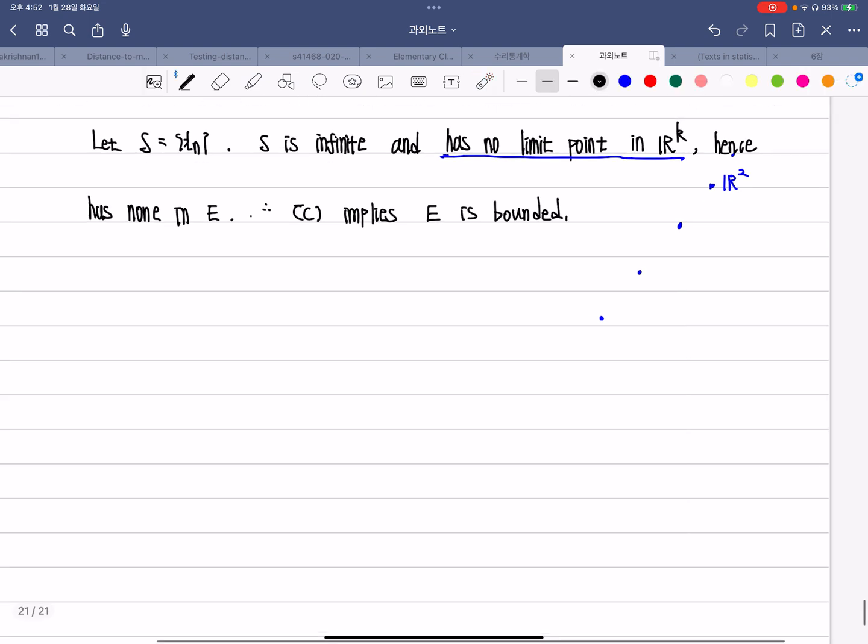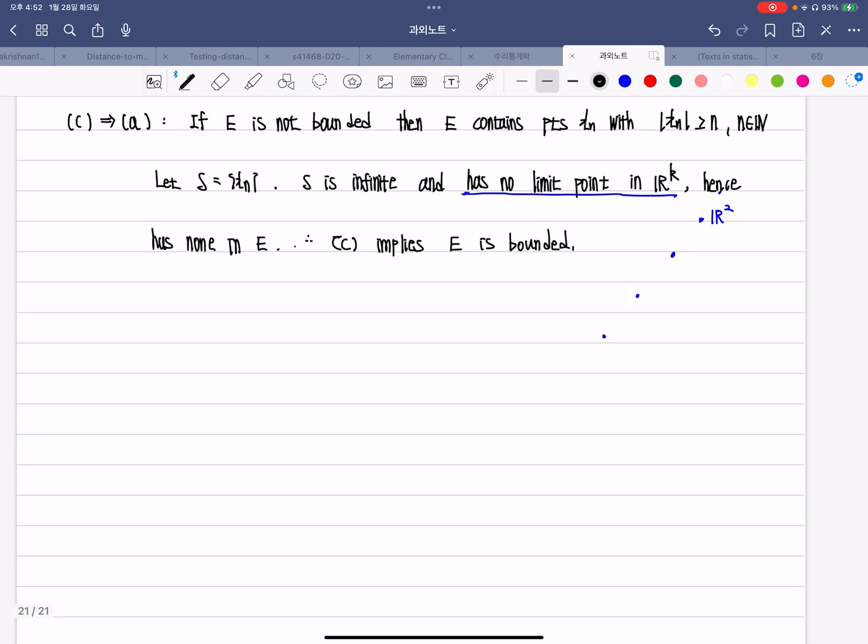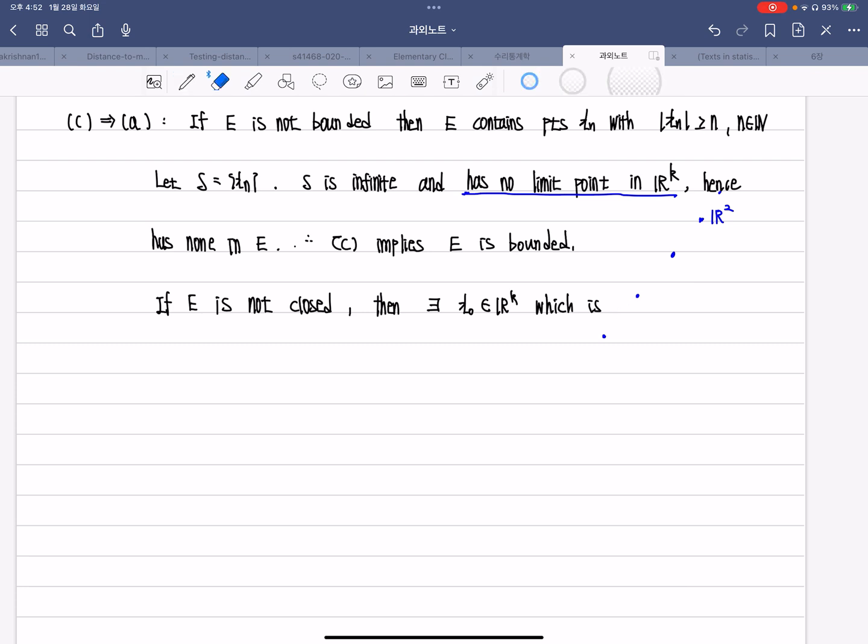Next, if E is not closed, there exists x0, which is a limit point of E but not a point of E, right?